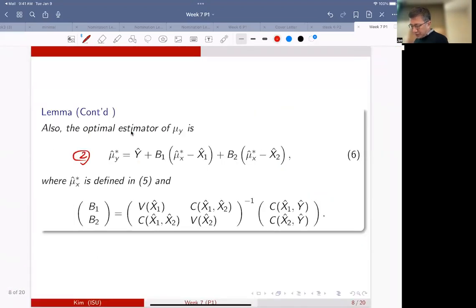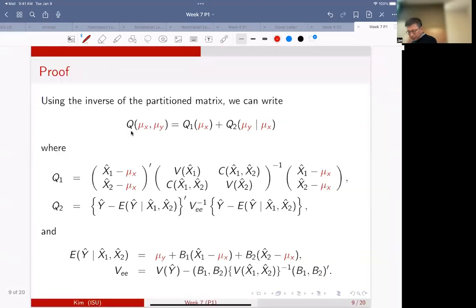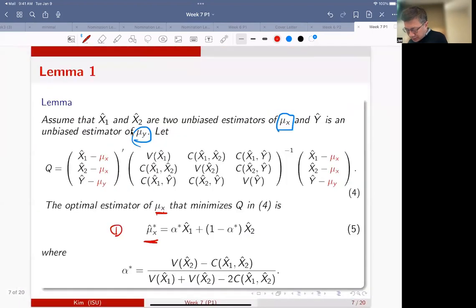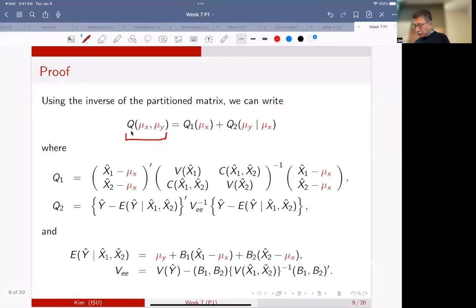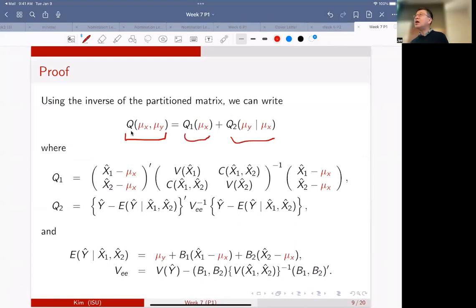Well, here's a tip. This quadratic term in mu x and mu y can be factorized into two parts, like this.